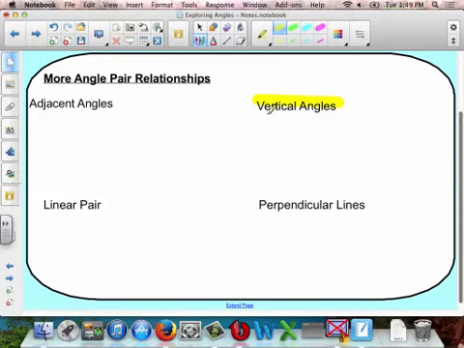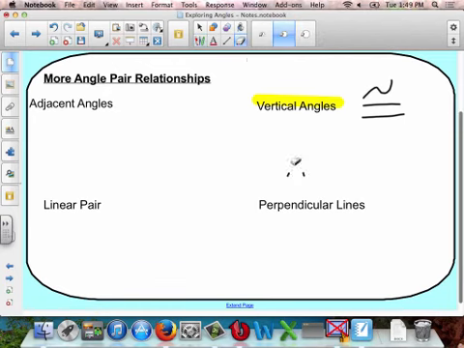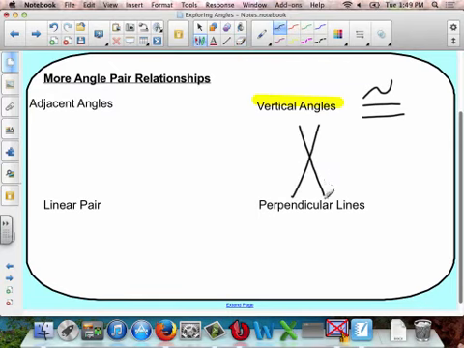So go back to our notes, vertical angles. The big idea is that they are always congruent and they look like an X. That's a really crappy X. Let's redo that. So those vertical angles are equal.